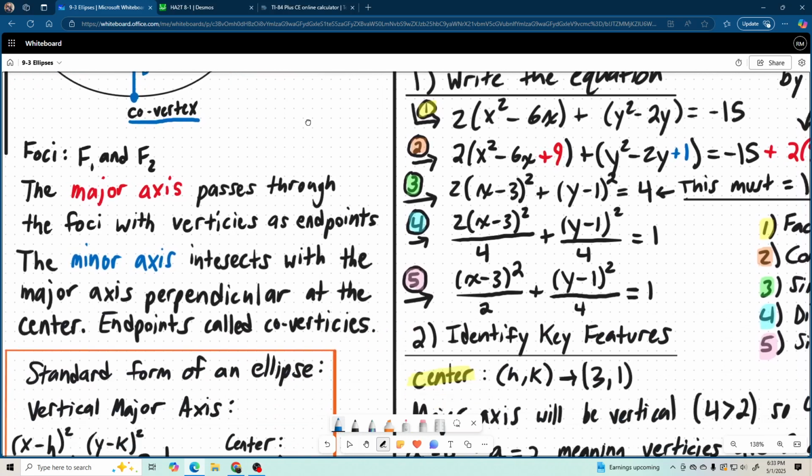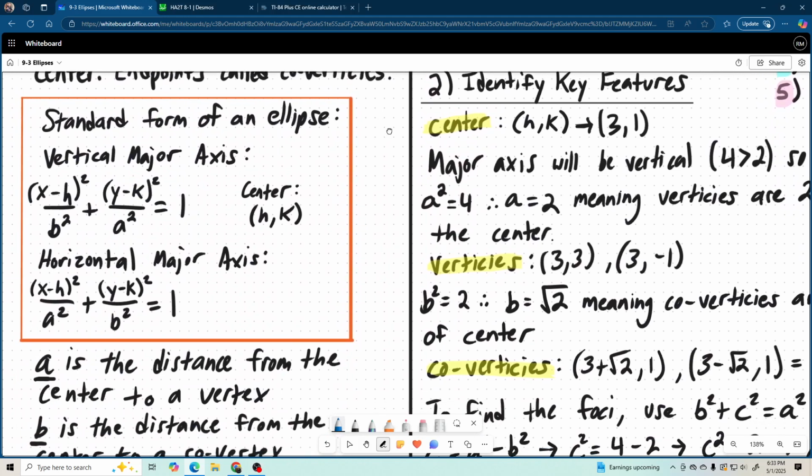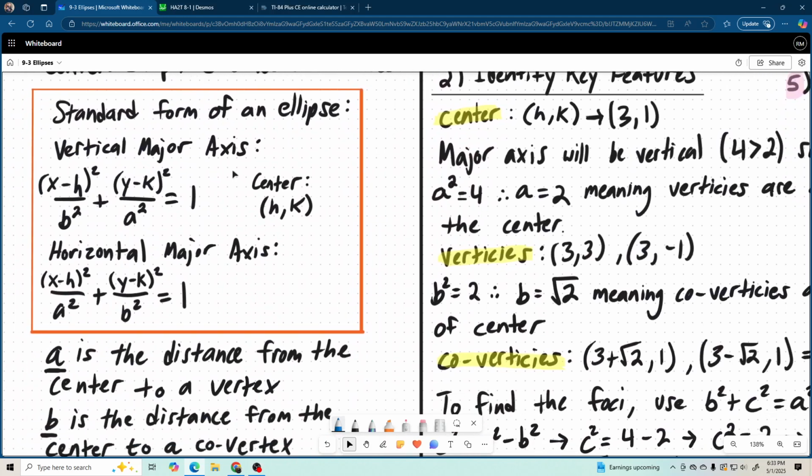All right. So, standard form of an ellipse. Now, remember how I told you before we have major axis and minor axis? If the major axis is vertical, that means that your ellipse is going to be taller than it is wide. So in other words, if we have a vertical major axis, our ellipse is going to look more like this.